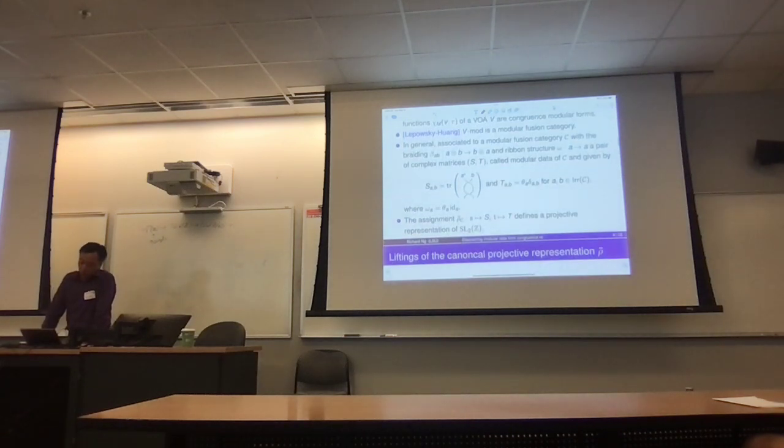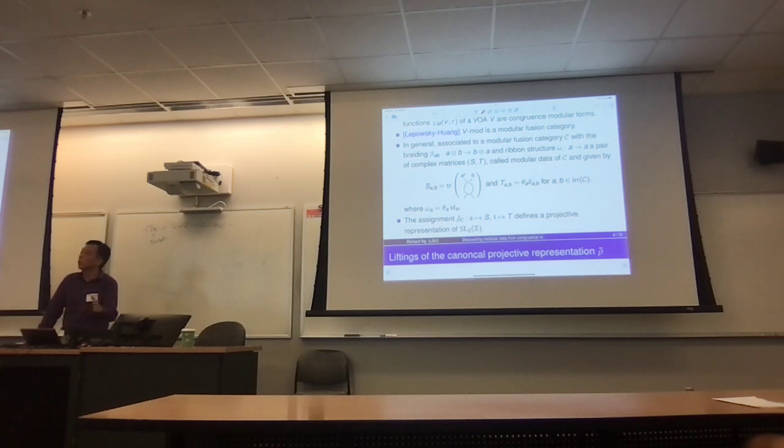So in general, associated to a modular fusion category, like I just specified, modular fusion means the underlying category is semi-simple. In Chelsea's talk, the underlying category is non-semi-simple in general, but includes the semi-simple one, of course. So I just focus on the modular fusion one. And there's a braiding.